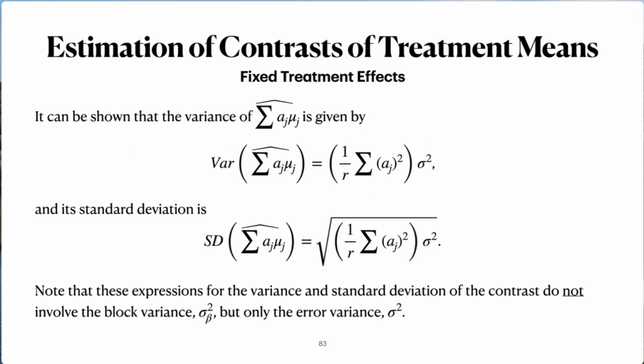Now, it can be shown that the variance of that point estimator is given by this expression. The variance of the estimator of the sum a sub j times mu sub j, j going from 1 to t, is equal to 1 over r, 1 over the number of replications, or the number of blocks, times the sum of the squared a sub j's, multiplied by sigma squared, which is the variance of the model error term.